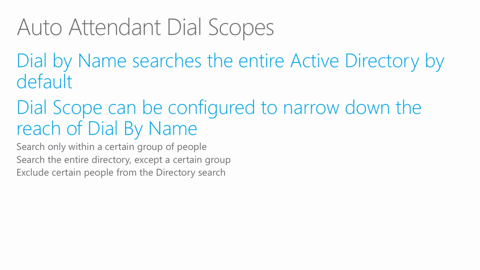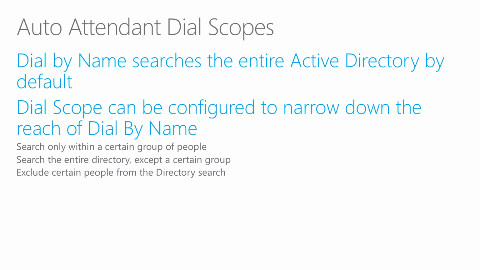So our auto-attendant dial scopes, this is a new functionality that we've recently released after we completed our beta. One of the feedback portions was that we don't want the auto-attendant being able to search the entire tenant. So by default, we will search the entire tenant, so the entire Active Directory with the Cloud PBX enabled users.